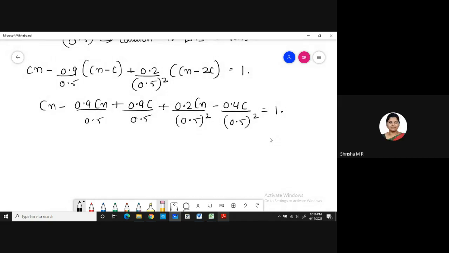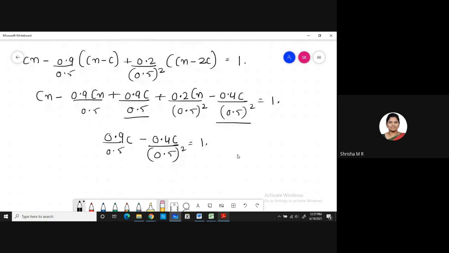Yes, ma'am. Now you compare the constant term on both the sides. Okay? So this and this we can equate to 1. So we'll compare the constant term, C term, on both the sides. So we have 0.9 by 0.5 C minus 0.4 C by 0.5 whole square, which is equal to 1.